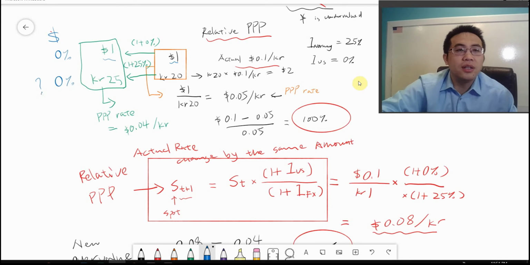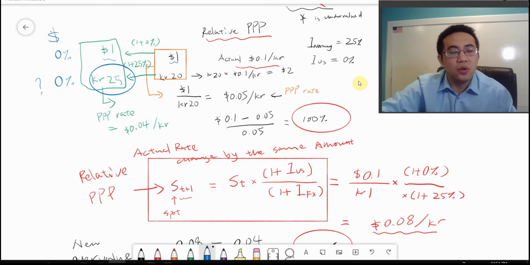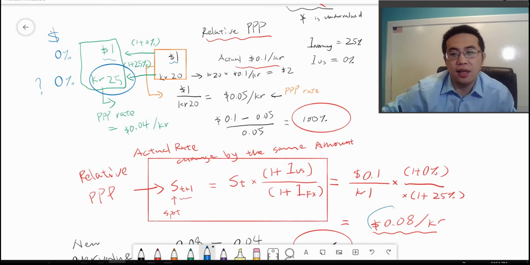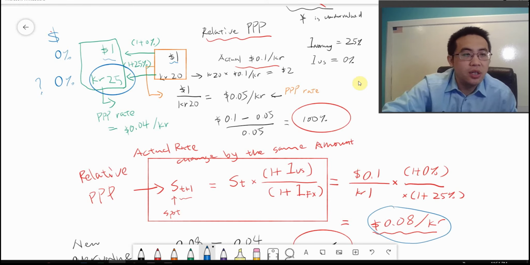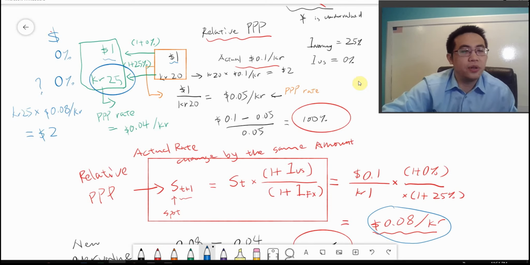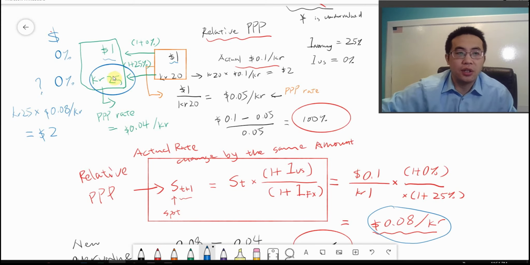Okay, so this is the new local price in Norway, 25 krone, and this is the new exchange rate. If you multiply 25 krone by the new exchange rate, that is going to give you $2. So it still will cost you $2 under the new local price and the new exchange rate.